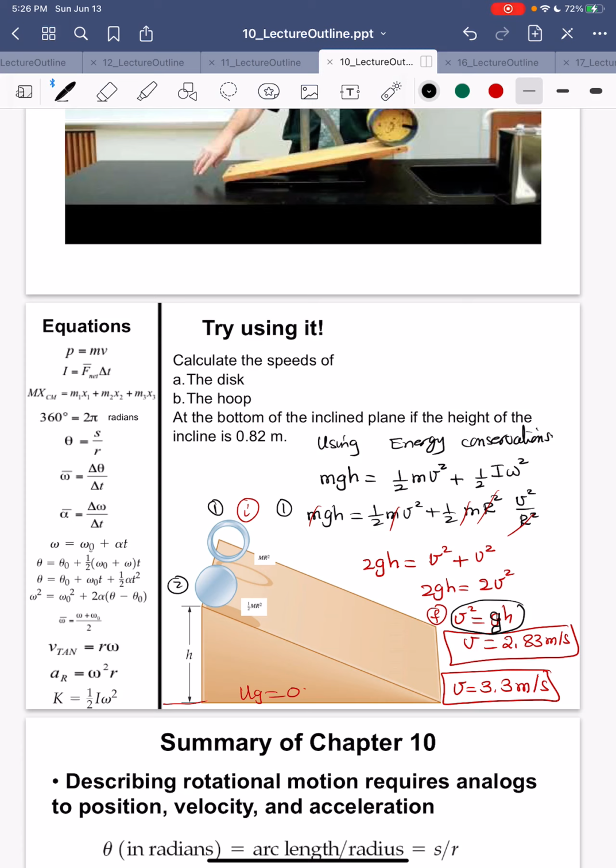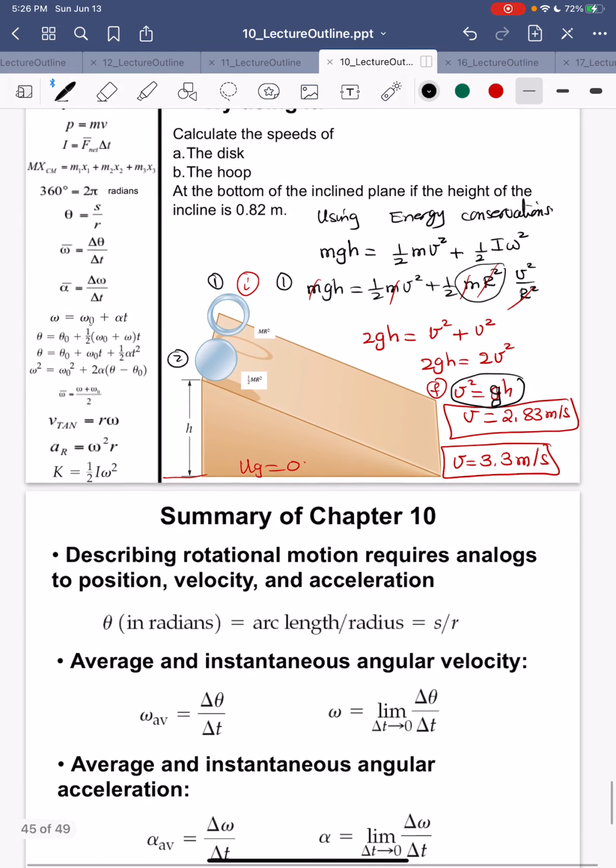If I repeat this using the I for the cylinder, because here I did use I equals mr squared, you will get a velocity of 3.3 meters per second, which means the cylinder is going to win the race here.